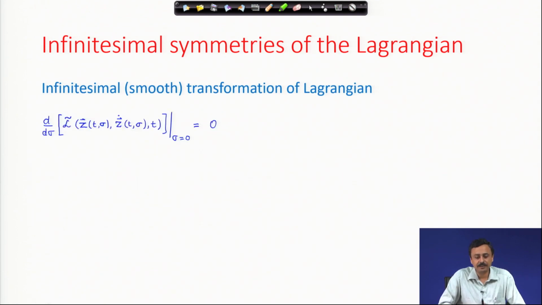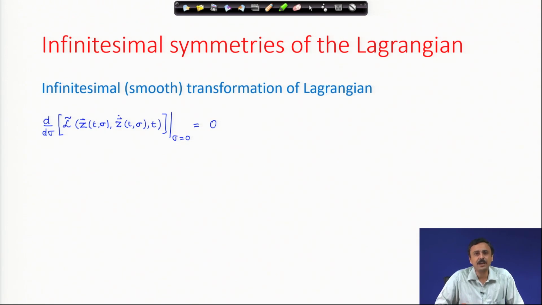This is our definition of symmetry under an infinitesimal transformation. We are saying that if I make an infinitesimal change in my transformation around sigma equal to 0, my Lagrangian is not changing. In that case, we say that the Lagrangian is symmetric under that infinitesimal transformation.